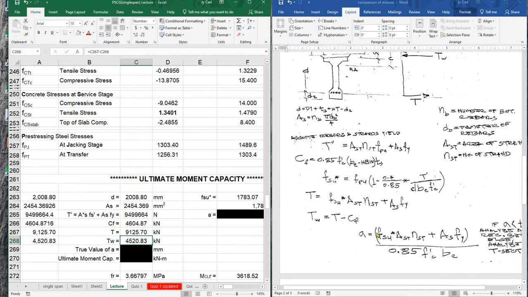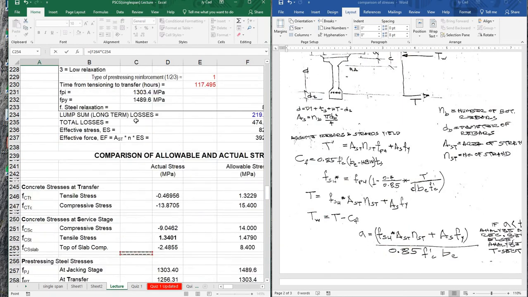Okay? Ito yung theoretical location of the compression block. Ano? Assuming that everything yields. And that is equal to, open parenthesis, dito na tayo ngayon, FSU star multiplied by the area of pre-stressing tendons.